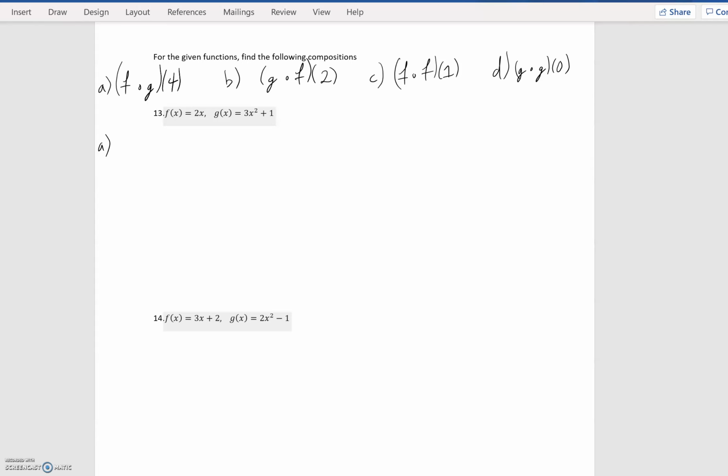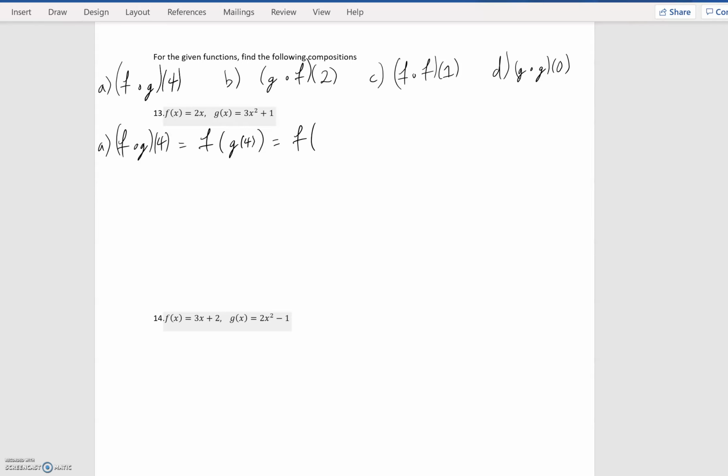Okay. The two functions f and g are listed. f composed with g of 4 equals f evaluated at g of 4. Look at that function g. That function g is 3x squared plus 1. Wherever I see an x in that function, I need to plug in 4.